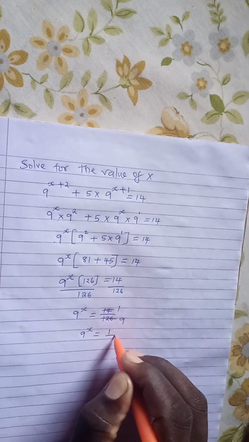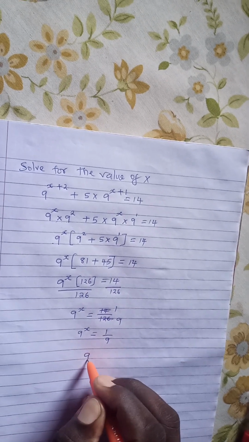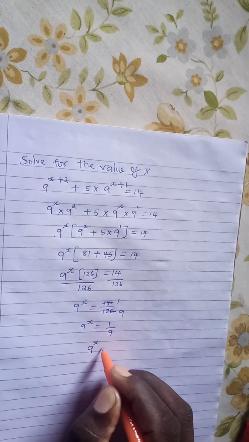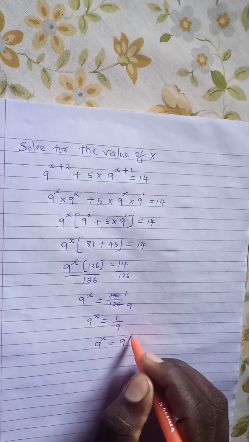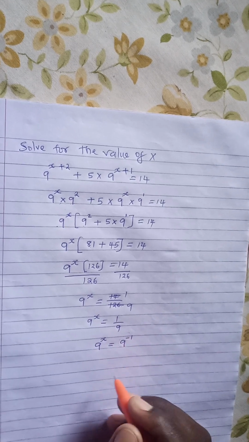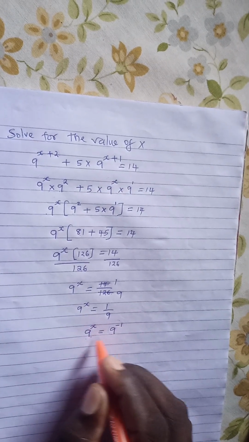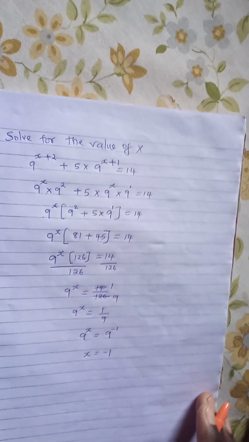So I will have 1 over 9. Therefore, 9 raised to power x is the same as 9 raised to power negative 1, because 1 over 9 is just the same as 9 raised to power negative 1. Therefore, if the bases are the same, then the powers are the same. Therefore, the value of x is -1.